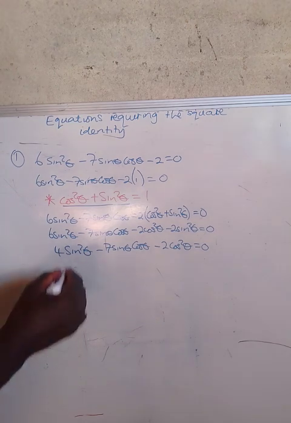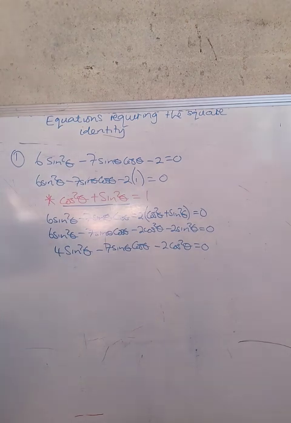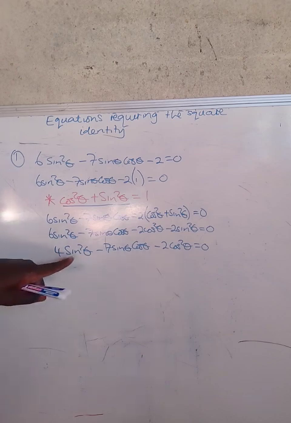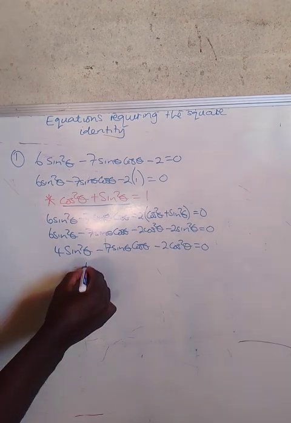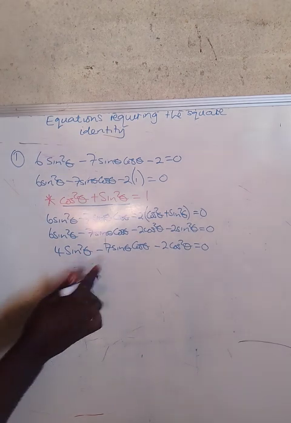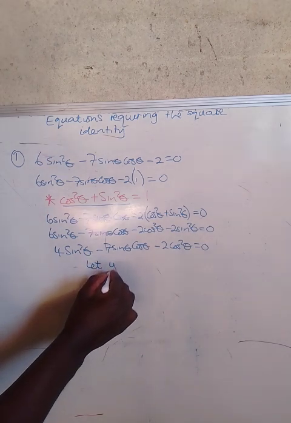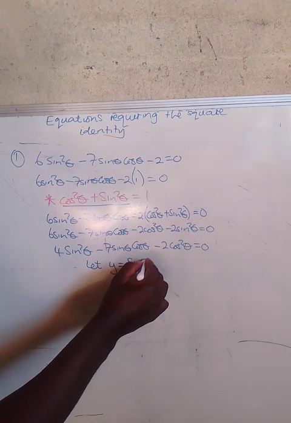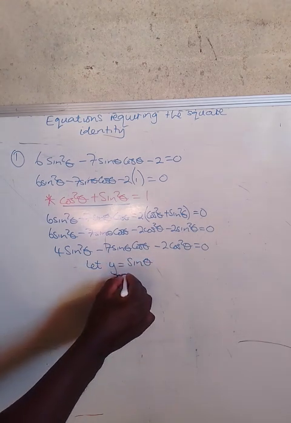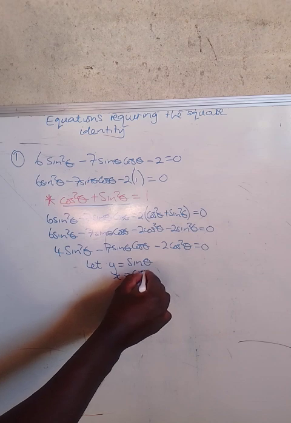Let's say we use x and y. We now want to use x and y to change everything here. Let y equal sine theta and x equal cos theta.